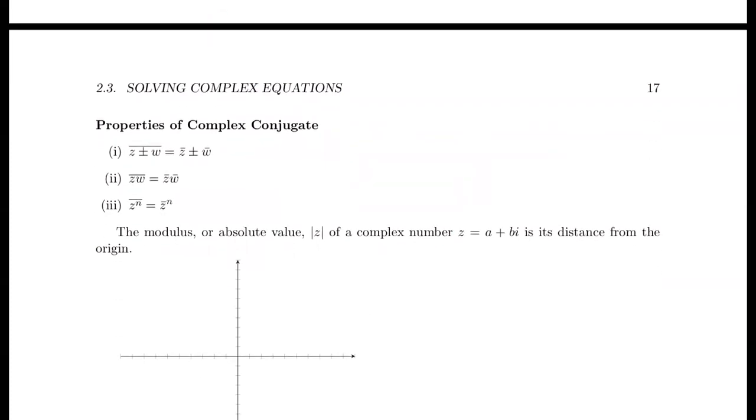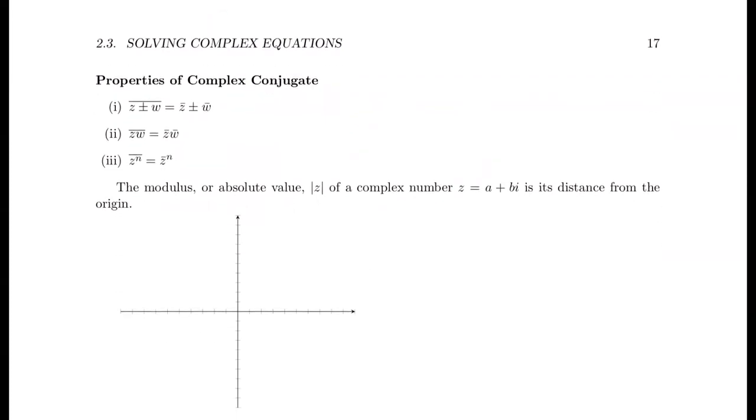Now here, we want to be talking about the modulus, or the absolute value, or sometimes called the norm of the complex number z. I'll usually call it the modulus. It is the distance from the origin to the ordered pair a, b.